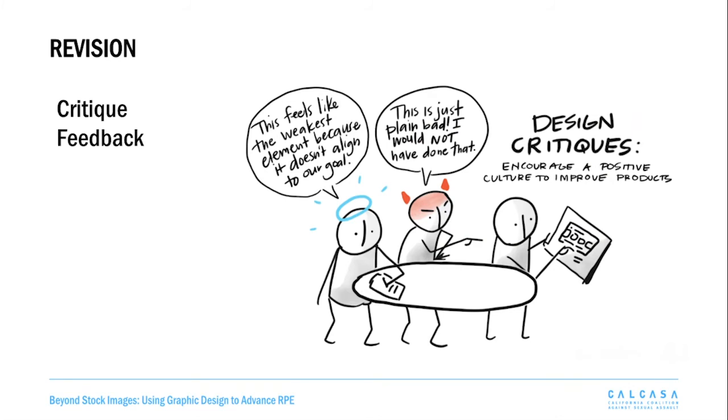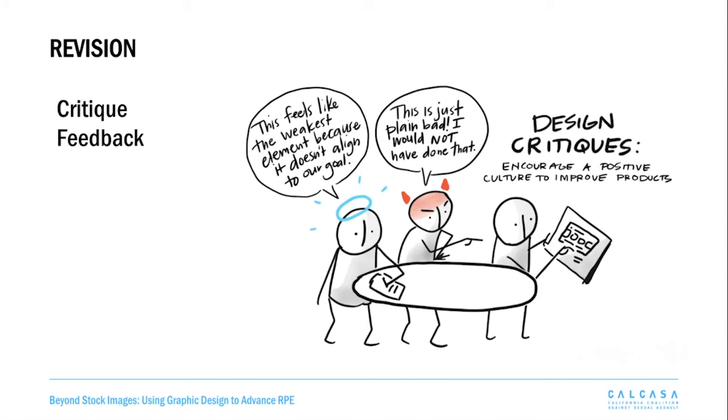So after you've created your beautiful design and you've used all the different tools to help you make it beautiful, you probably want to go back to your stakeholder, your supervisor, your program director to get some feedback and critique on what you have created.